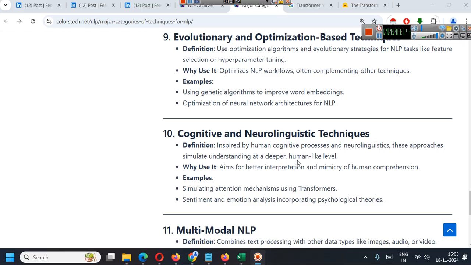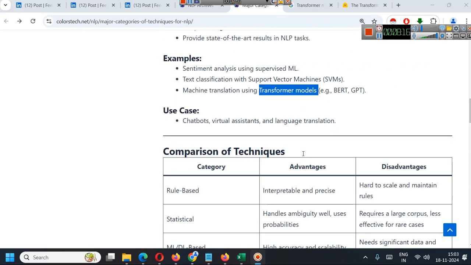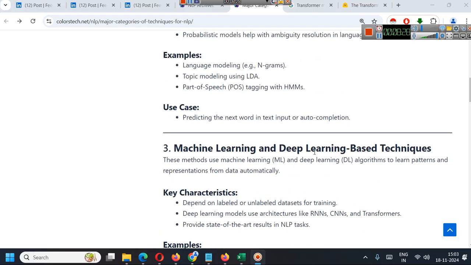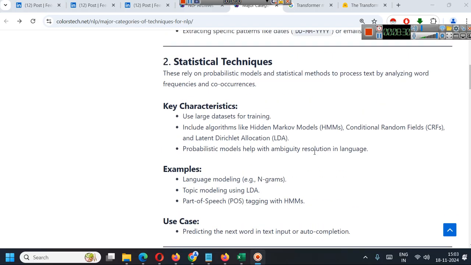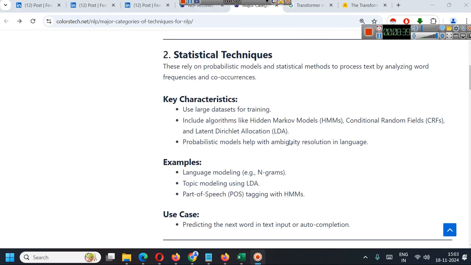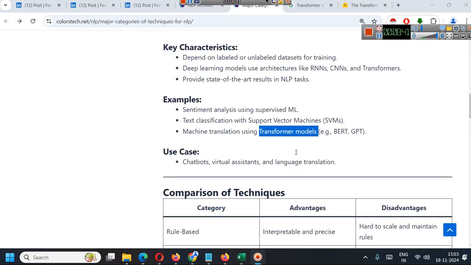But mostly there are three major techniques. I will provide this article in the description so that you can go through other techniques also. But since you are learning as a beginner, you should focus on these three, and then once you have enough grasp over these topics and techniques, you can easily use other techniques also.